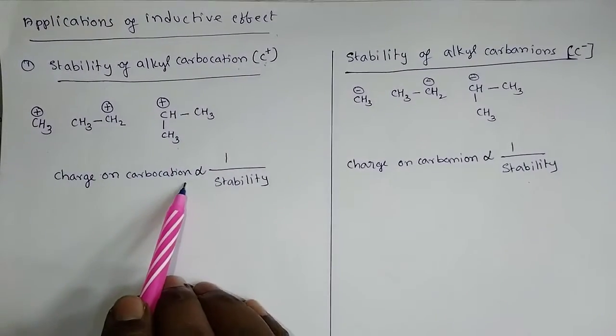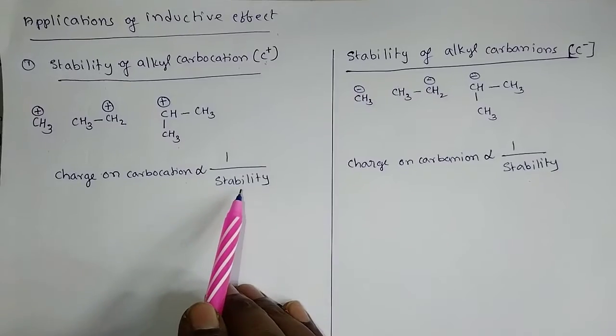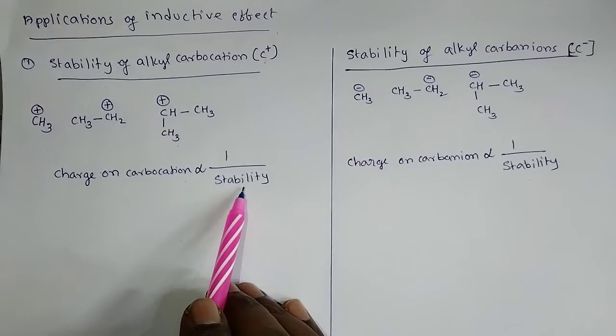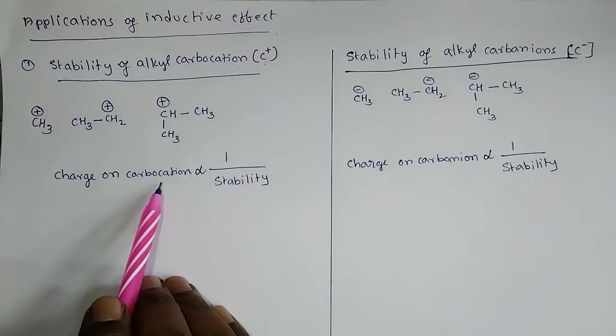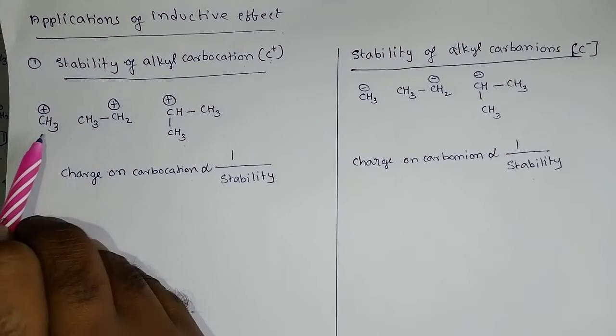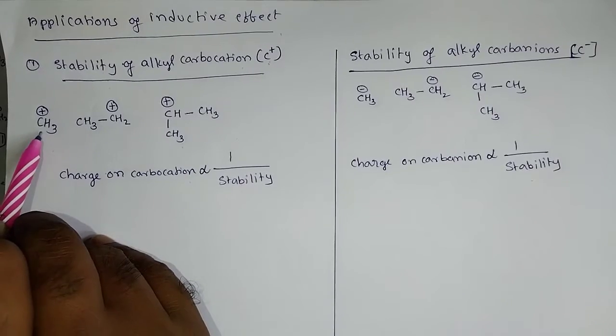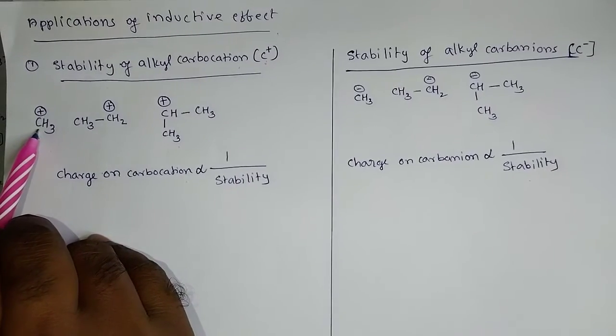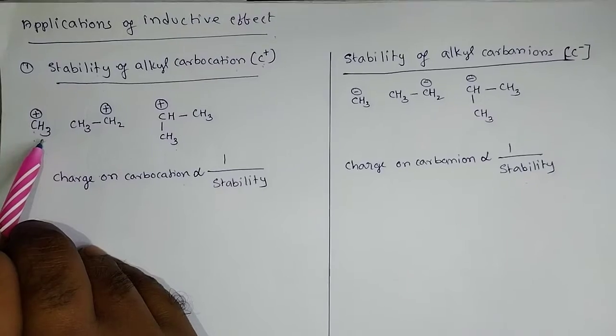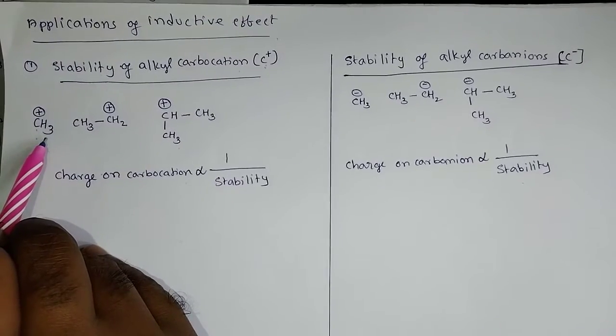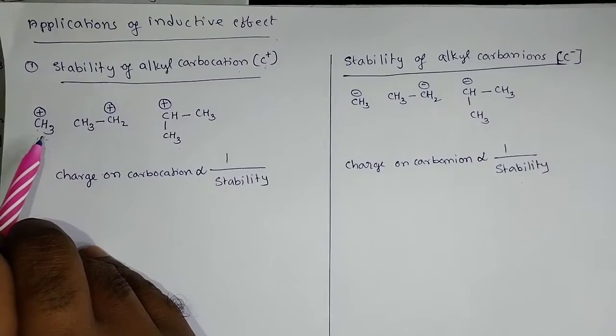Charge on carbocation is inversely proportional to the stability. What does it mean? Let us see CH3. This carbocation carries 3 hydrogens. Hydrogen neither donates nor accepts electrons.